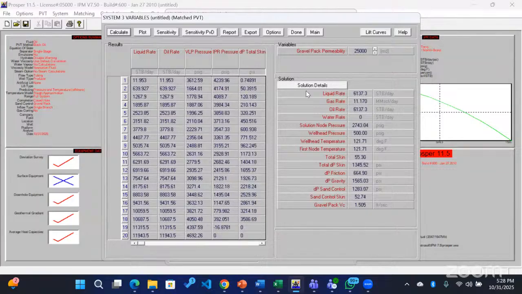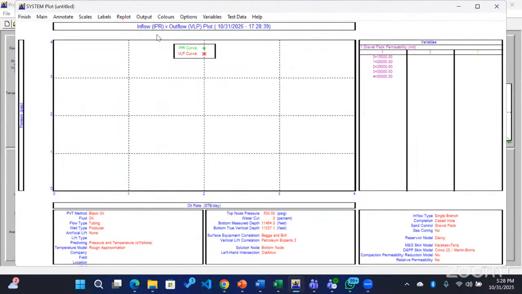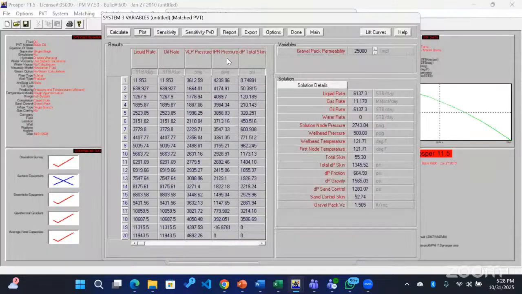Change to 25,000, you see different results, but I'm more interested in looking at the results from the graph. So let's plot it and see, choose system plot again. So why am I having nothing showing here? Okay.